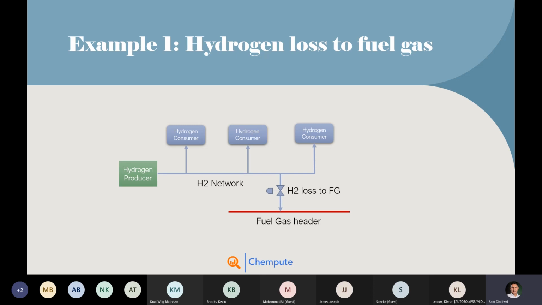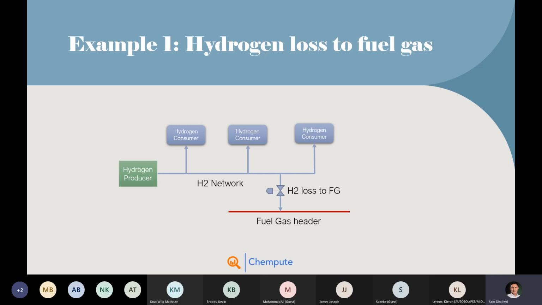So let's take an example. This is a refinery example, or an example from facilities which use hydrogen. If you have a hydrogen network, you have a hydrogen producer and several consumers. The objective here is for the hydrogen producer to increase or decrease production to meet the demand of the consumers.